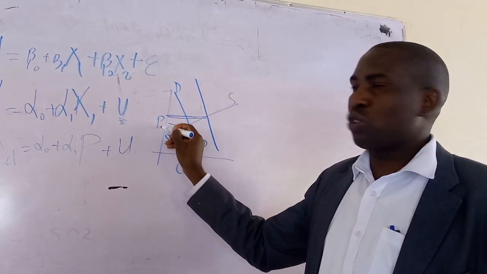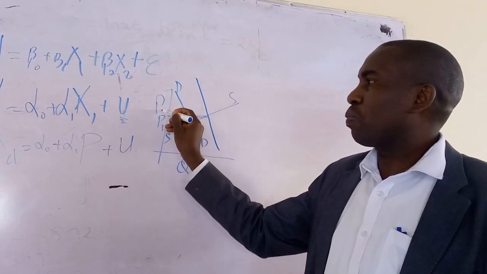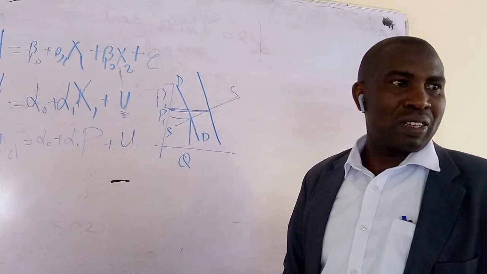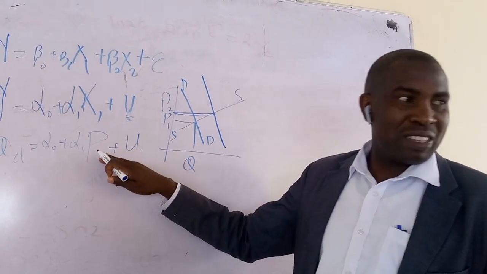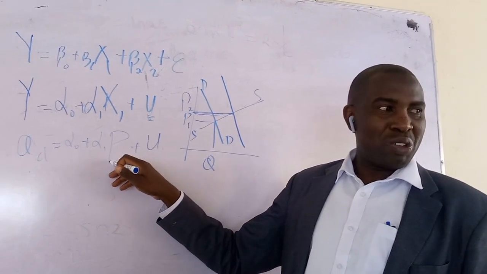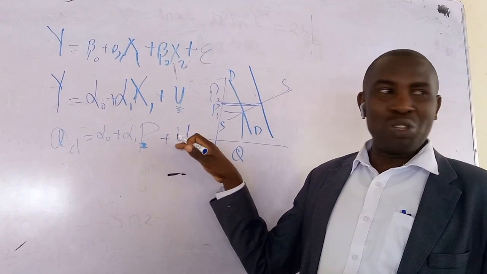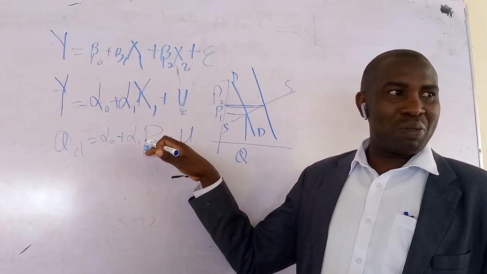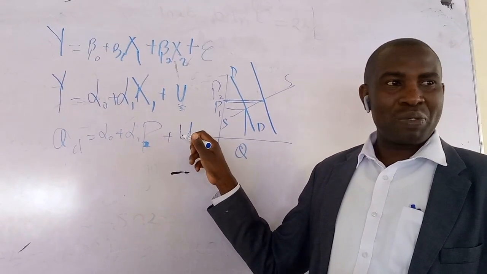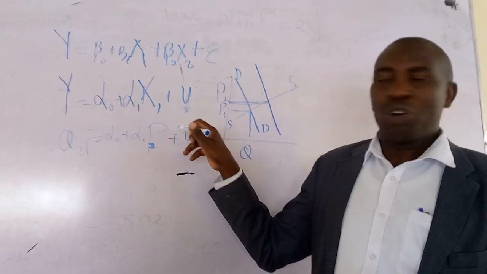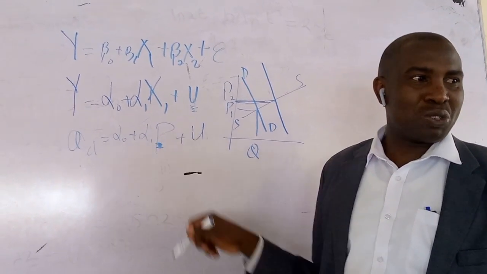Maybe this was price 1. What is happening to price? Price also changes. And price is the exogenous variable. So the change in u has also made price change. So can we say that when the error term changes, the exogenous variable changes also? What does that mean?